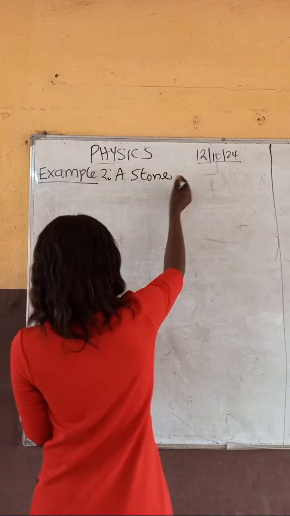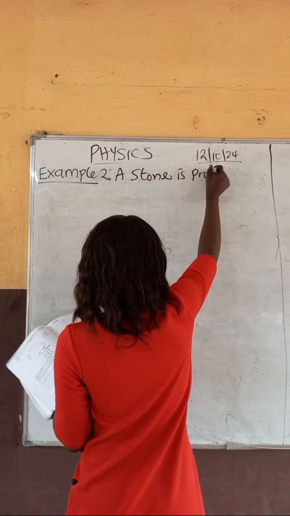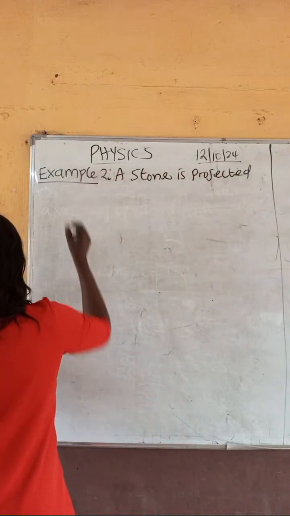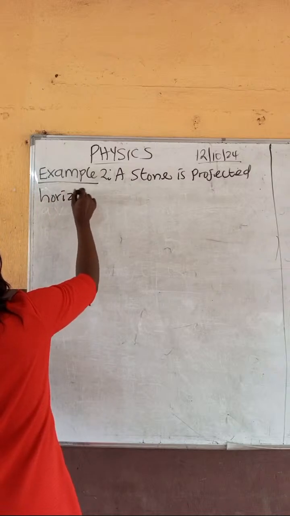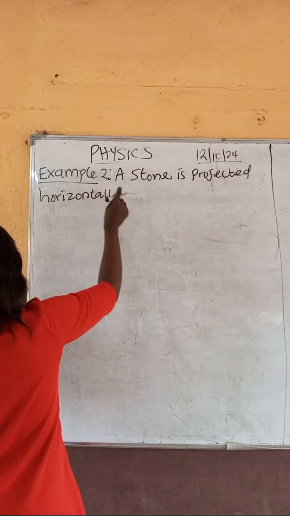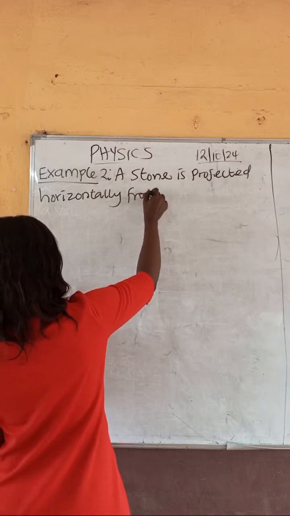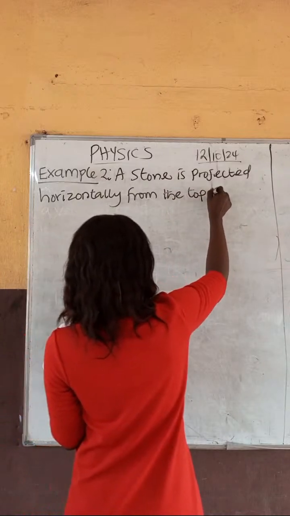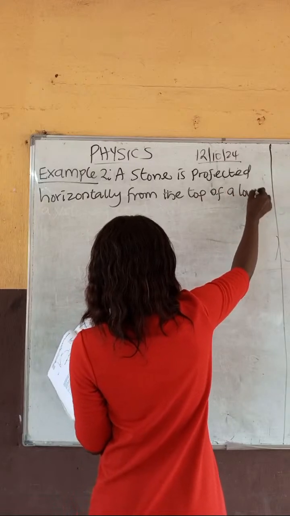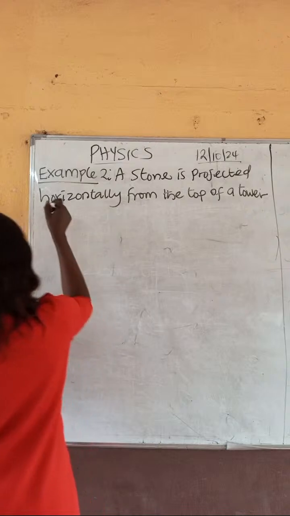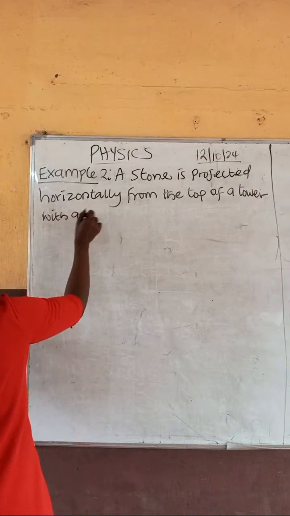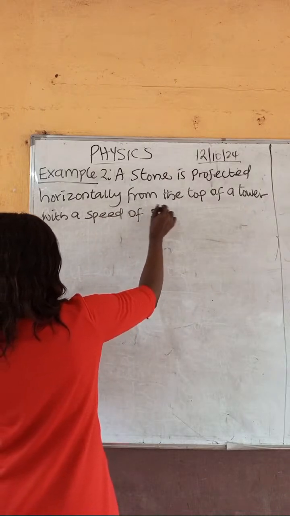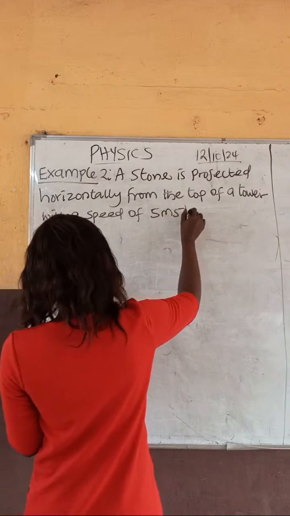A stone is projected horizontally from the top of a tower with a speed of 5 meters per second.